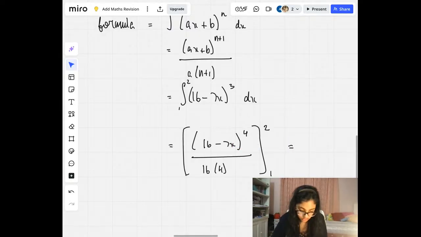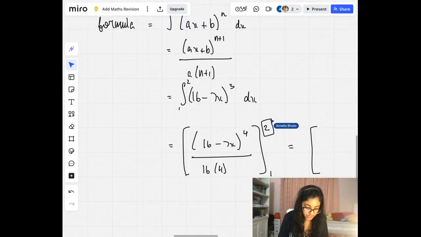So you could leave it in this form. This is kind of like a function. For a definite integral, I'm going to take this number and plug it into here, and then subtract that and plug this value into it.